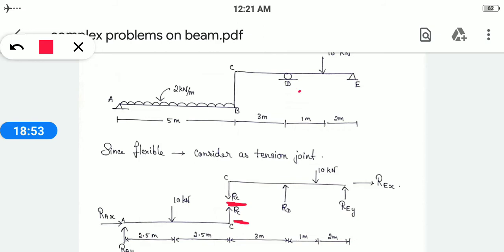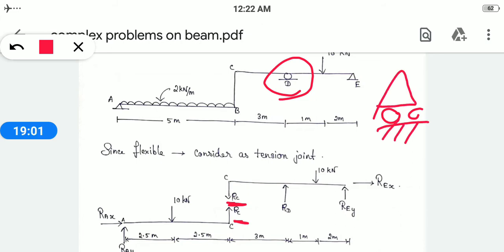Then see this, what is this condition? Wherever you see the ball, it is the roller support. They may show it like this, or sometimes they may give it directly like this also. It is also your roller support. If it is a roller support, how will you plot the reaction?